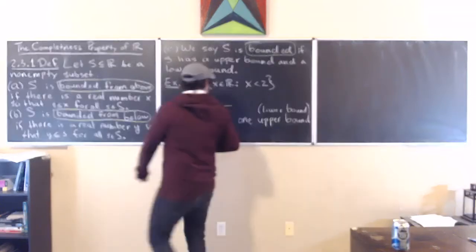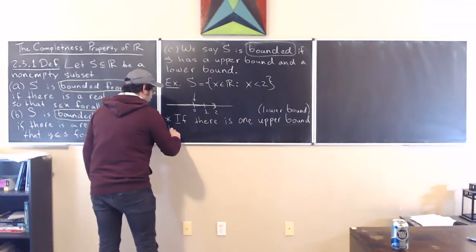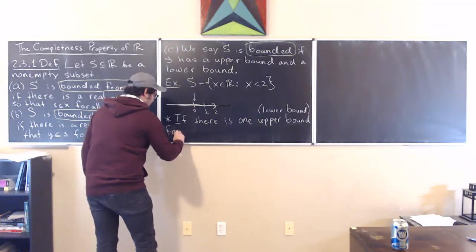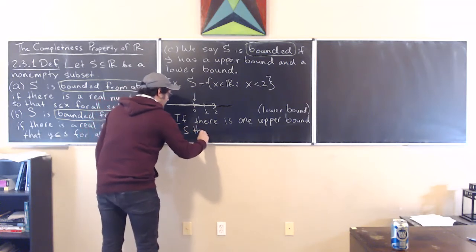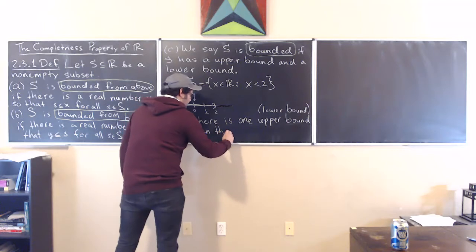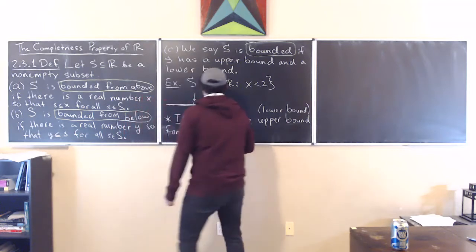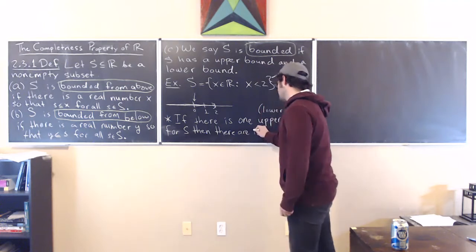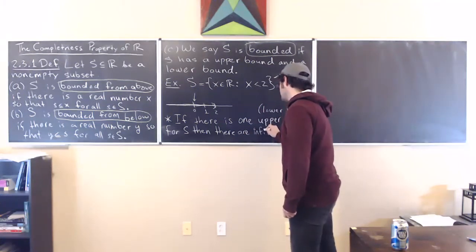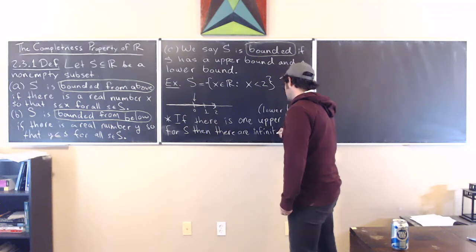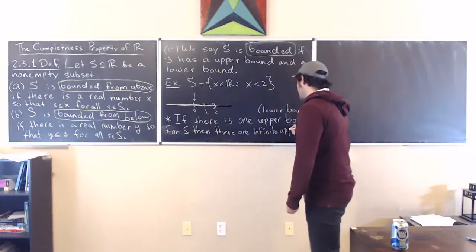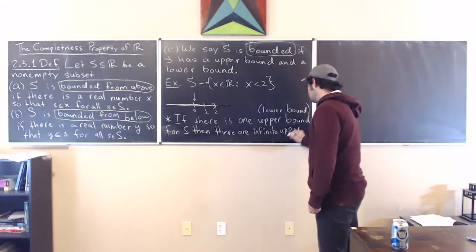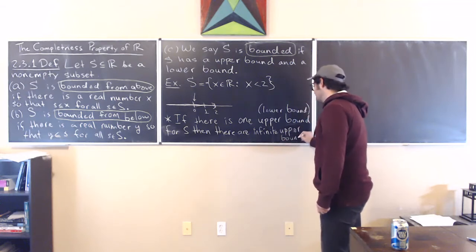So if there is one upper bound for S, then there are infinite upper bounds for S. And likewise for lower bounds.